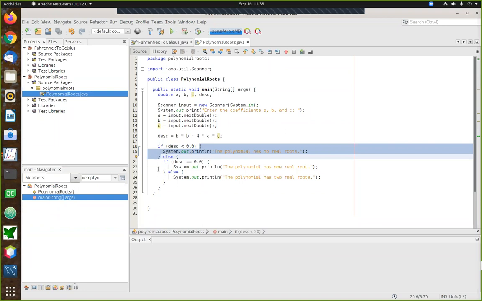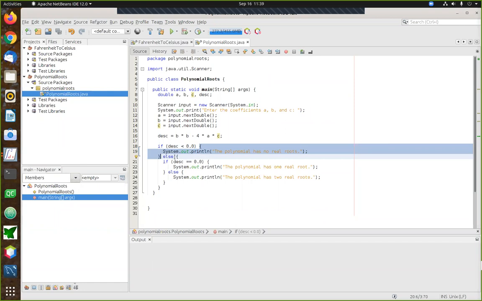This is the set of things that we're going to do if the test evaluates to true. In this case, the test was simply to ask, is the discriminant negative? And if the answer to that question is true, the appropriate outcome is to print a message simply saying that the polynomial has no real roots. That's the so-called if outcome. Now, the second possibility is that the test could evaluate to false.